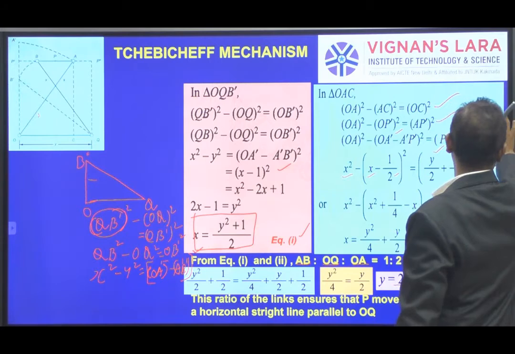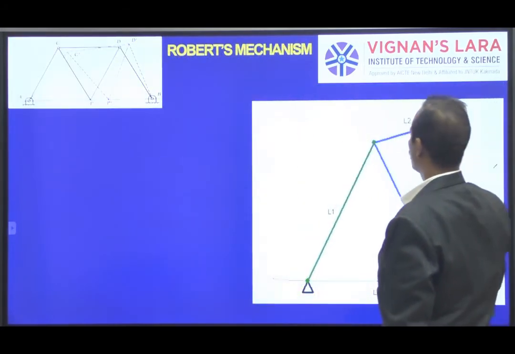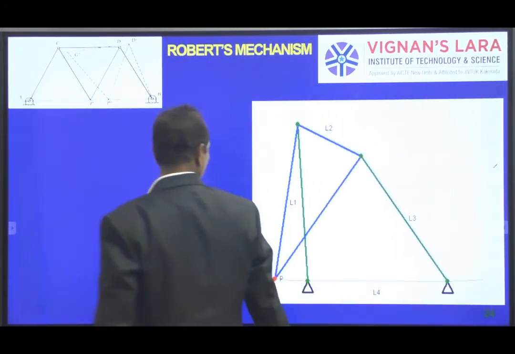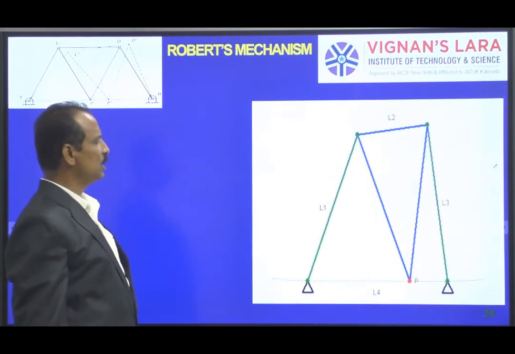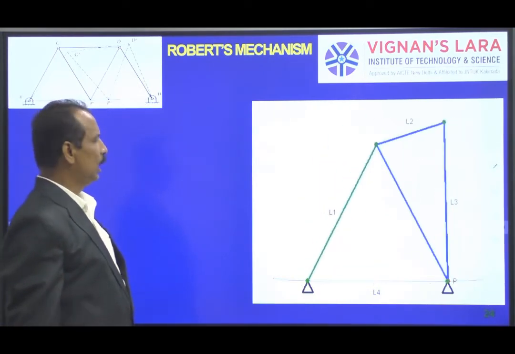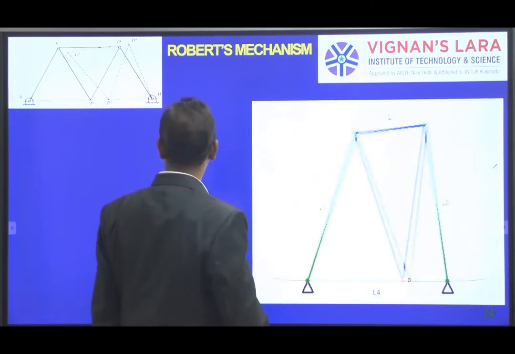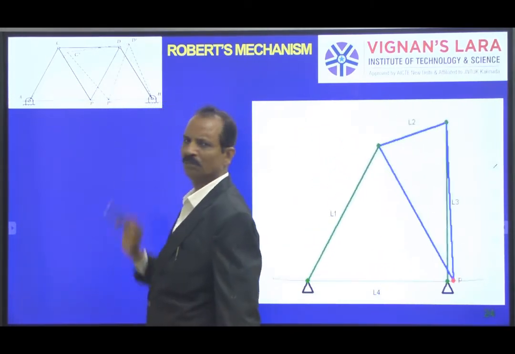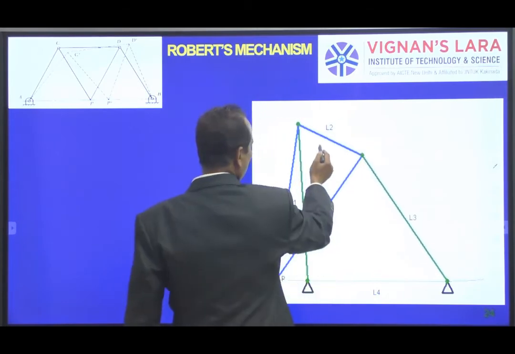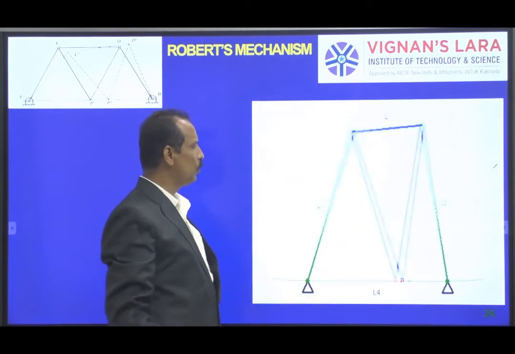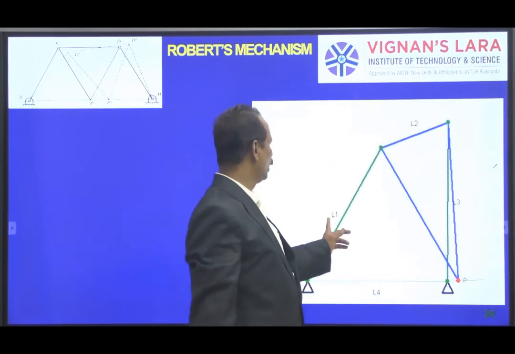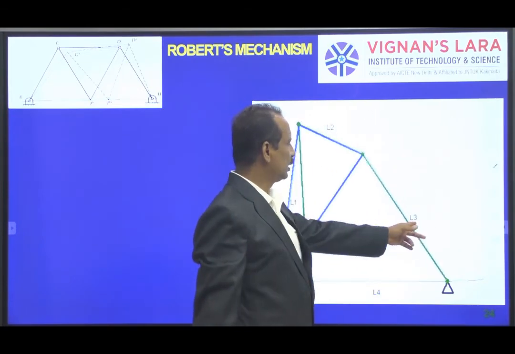So the last one is the Roberts mechanism. This also consists of all turning pairs and the number of links is 4. You can see here there is a fixed link, and the blue color is a single link, then link 1 and link 3.